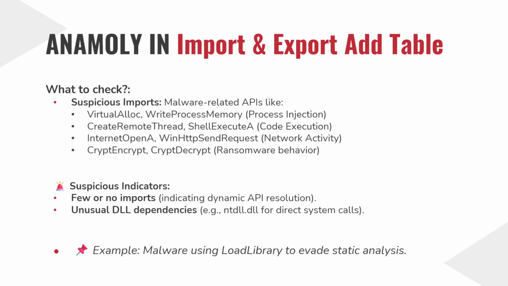For example, they use VirtualAllocEx, WriteProcessMemory, or CreateRemoteThread for process injection into genuine applications like explorer.exe or svchost.exe. They use registry API calls to maintain persistence and create entries in autorun registry keys so that the malware launches every time Windows boots.